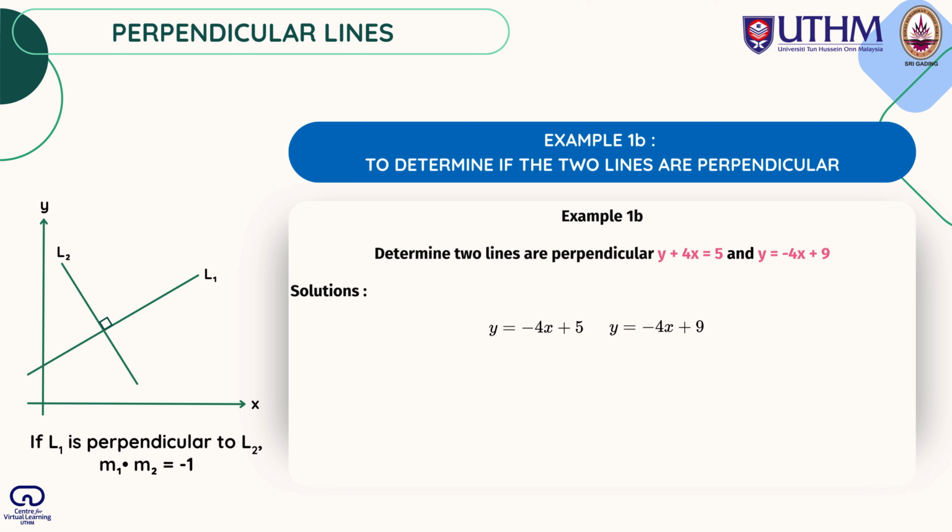So, m1 equals -4 and m2 equals -4. Multiplying m1 and m2 gives us 16, and the value is not equal to -1. Therefore, the lines are not perpendicular.